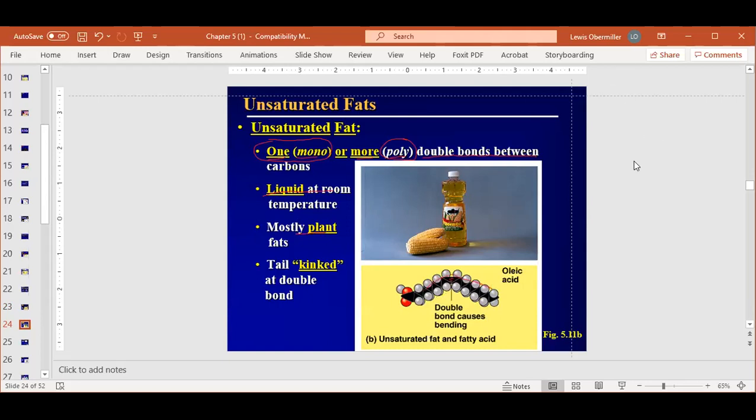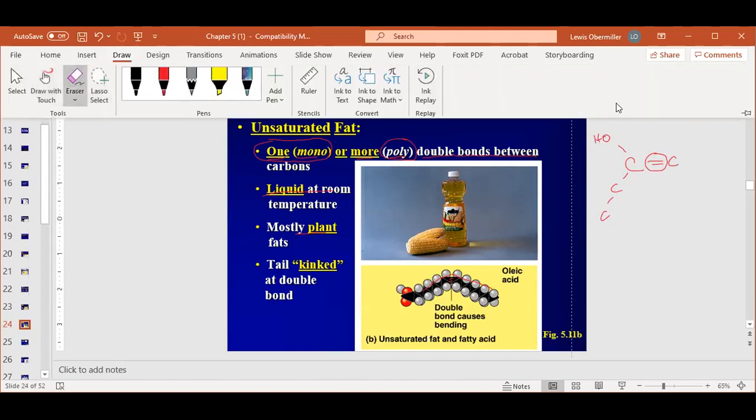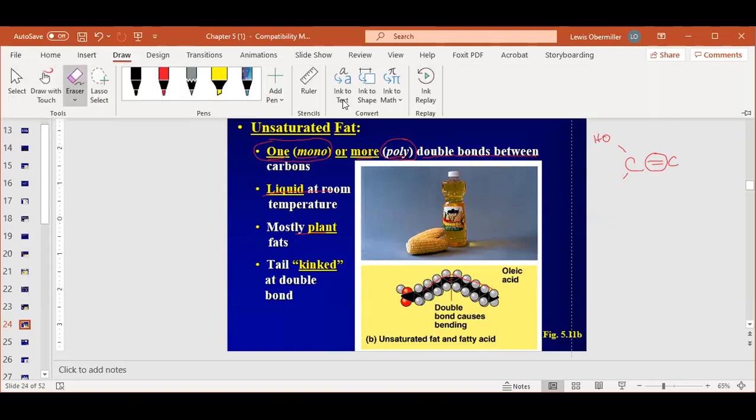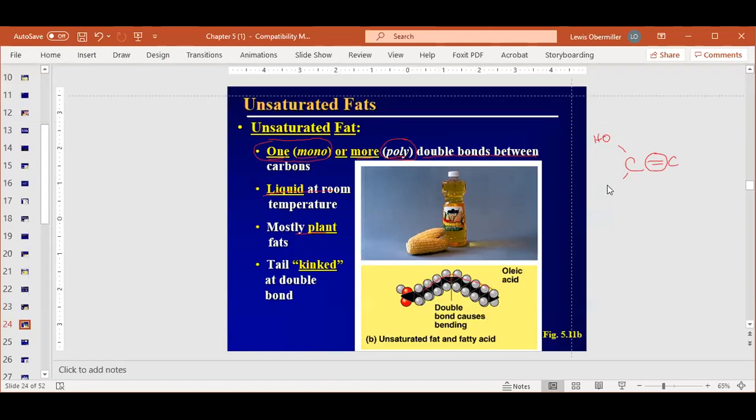So on a molecular level, it would look sort of like this, where, remember we talked about that this can't rotate? And so before I drew it out like this, and I just had a simple hydrogen on there.